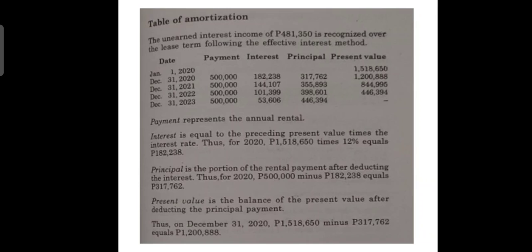Thus, on December 31, 2020, 1,518,650 pesos minus 317,762 pesos equals 1,200,888 pesos. And you can see that in the present value of the year of December 31, 2020. And so on and so forth until the term is finished.